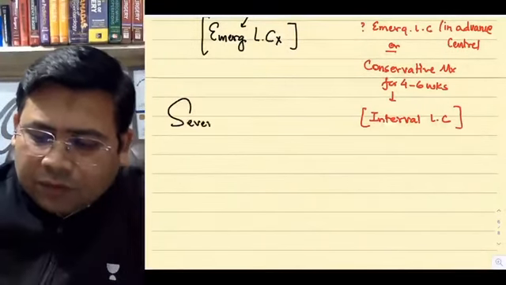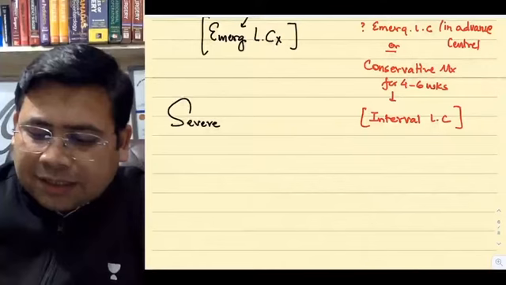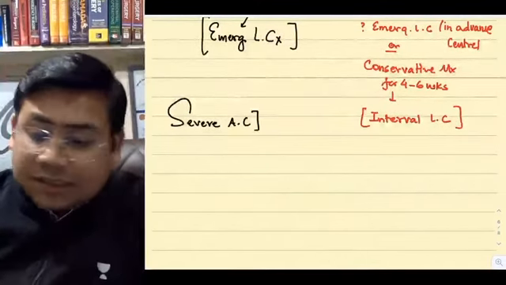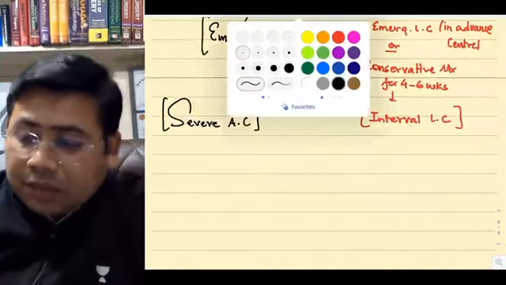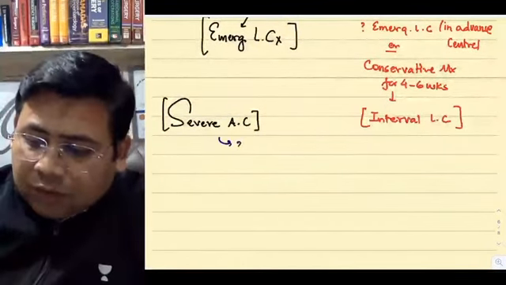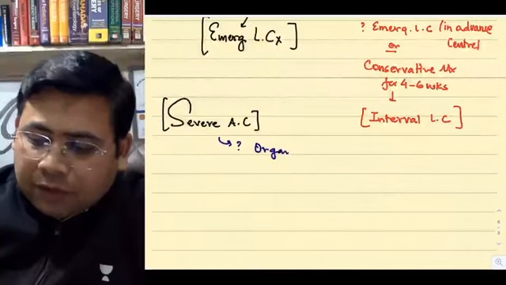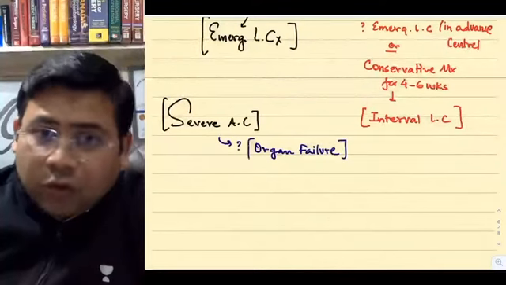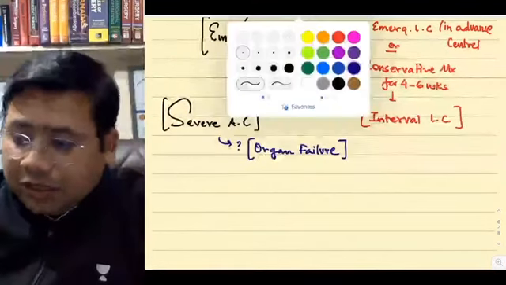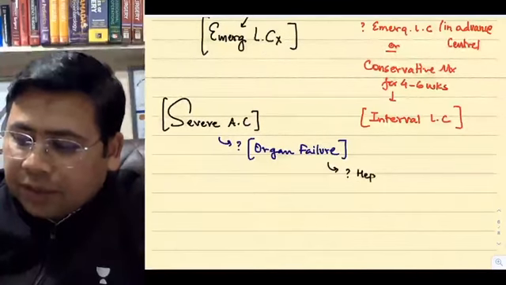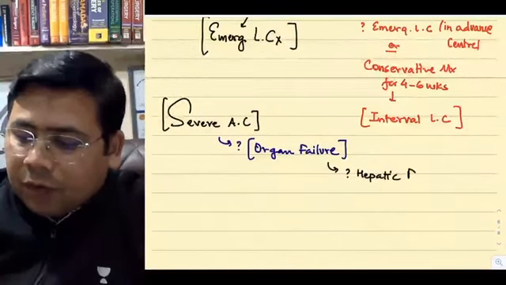Now the management of severe acute cholecystitis has actually changed. Severe acute cholecystitis is cholecystitis with organ failure. Here you have to check which organs are failing. If a patient is having hepatic failure, how do you come to know?